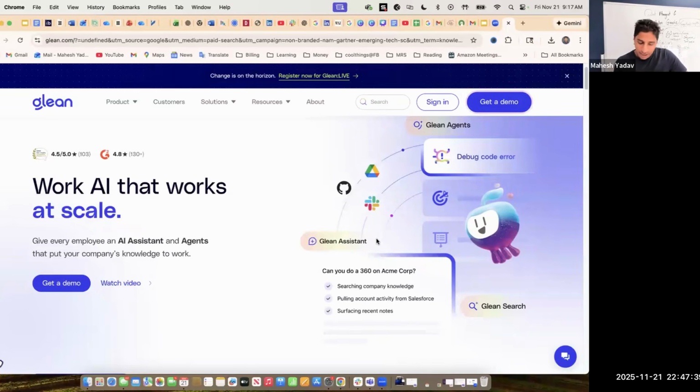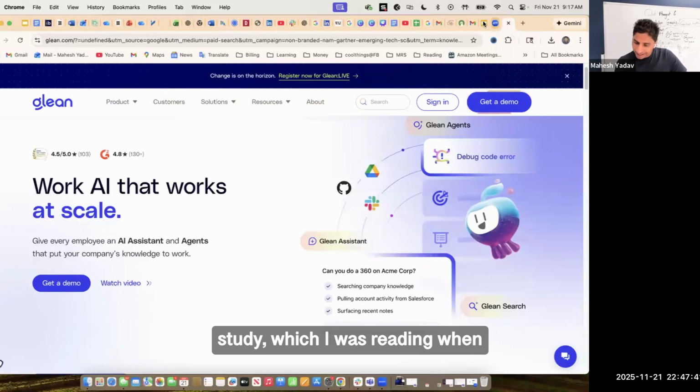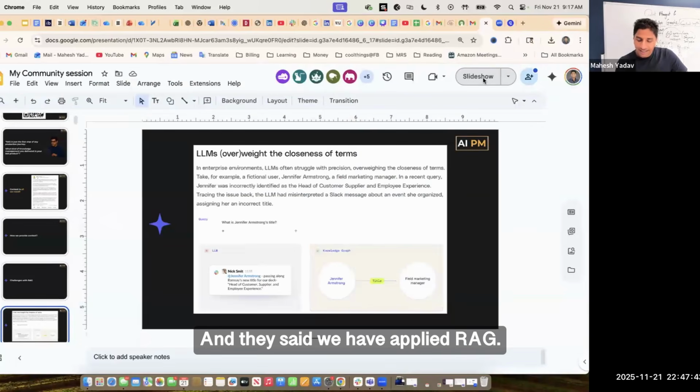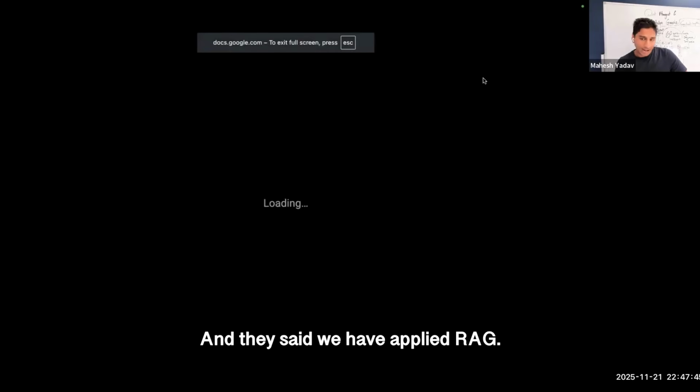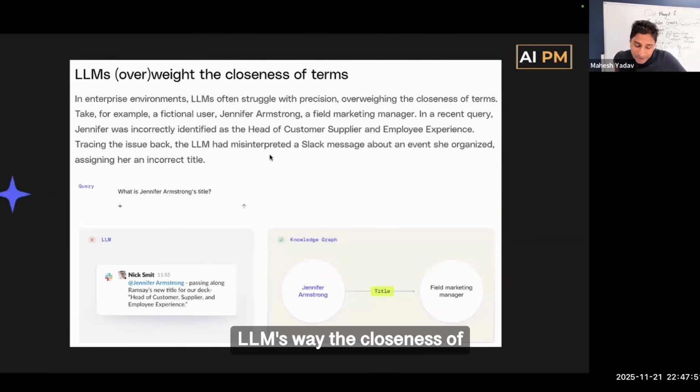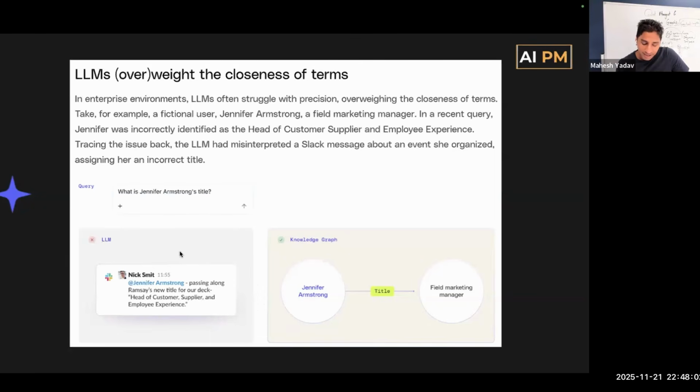Good. And they published this study, which I was reading when I was preparing. They said, we have applied RAG, we have applied Agentic RAG, but here are some problems. LLMs weigh the closeness of the terms. If somebody asks the chatbot, what is Jennifer Armstrong's title? It says she's head of customer, supplier, and employment experience.